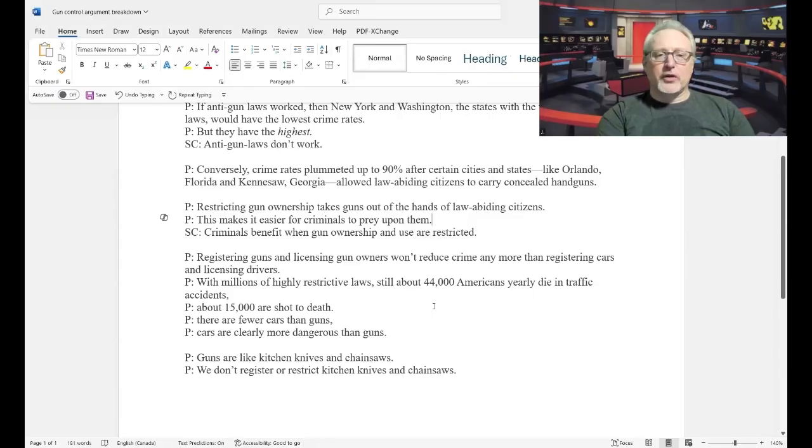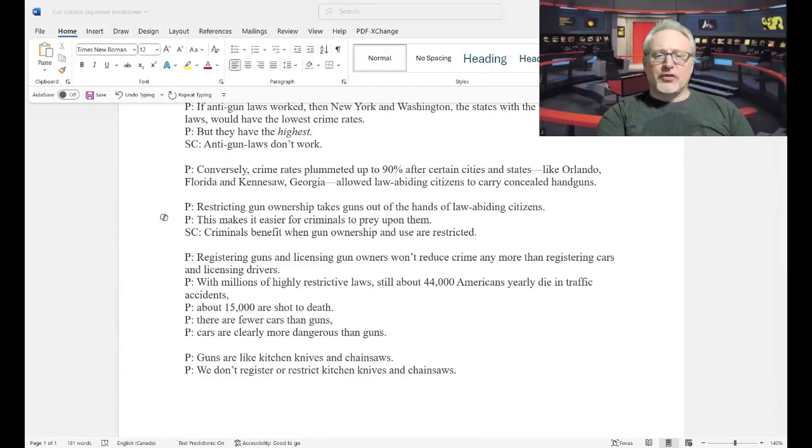Is that what's going on here? Okay, so we have a comparison between registering guns and licensing gun owners, which is being compared quite directly to registering cars and licensing drivers. Go back and look at the original text, which incidentally is a good thing to do often.